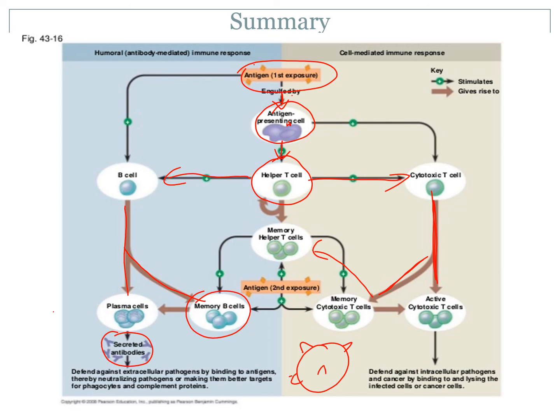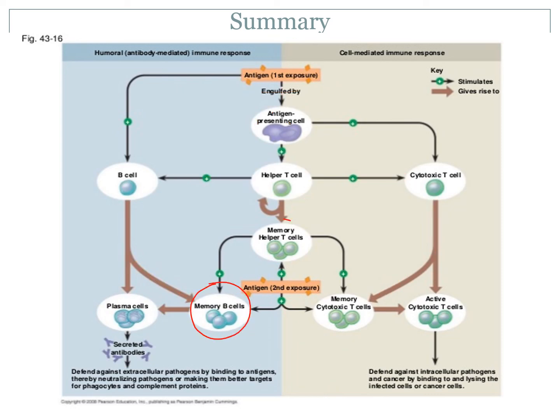On top of that, we also get cellular memory, which means the next time an antigen is presented, we no longer need the presenting cell or the helper T cell. We just need the memory cells to activate the process again.